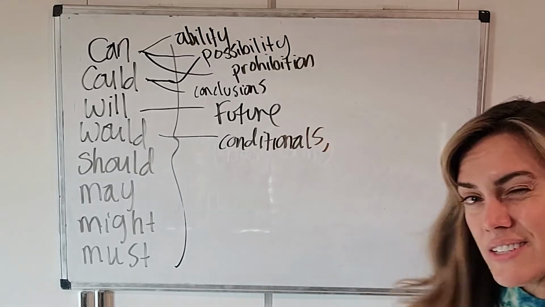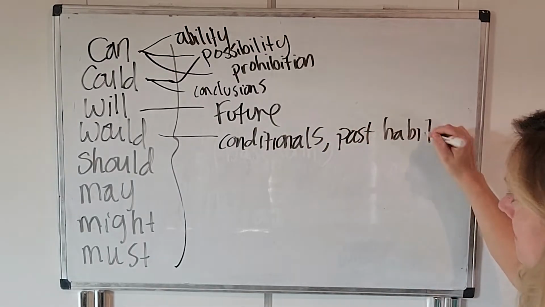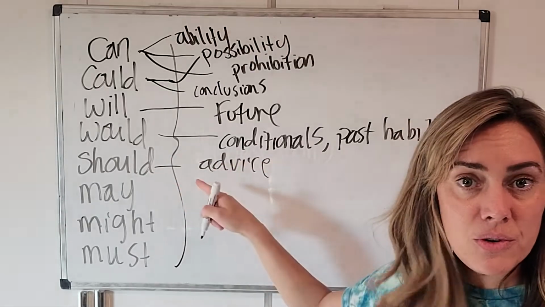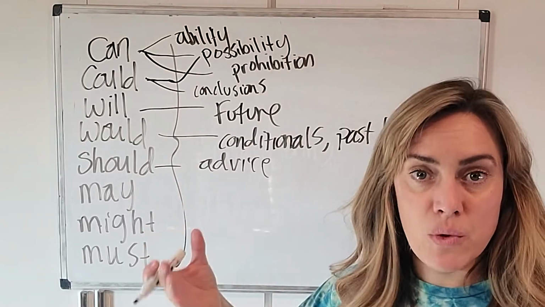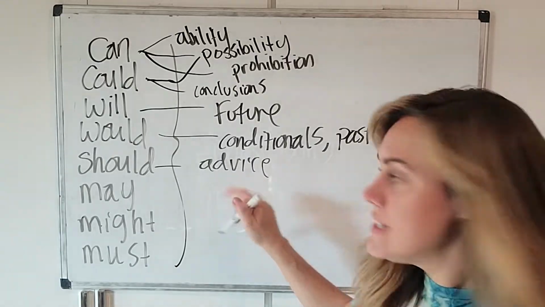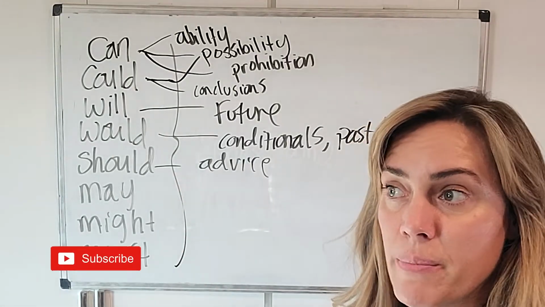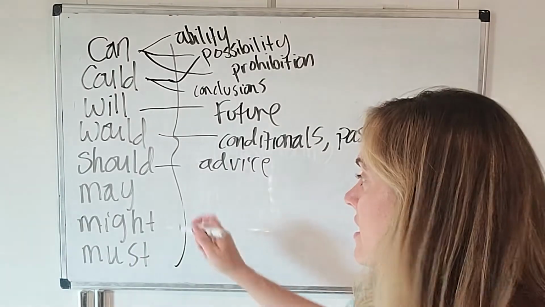We also use it to talk about past habit. Should is used for advice, and there's lots of other modals and even phrasal modals, which are just 2 or 3 words that act like a modal to give advice. Should can even be used to talk about the possibility of something happening.